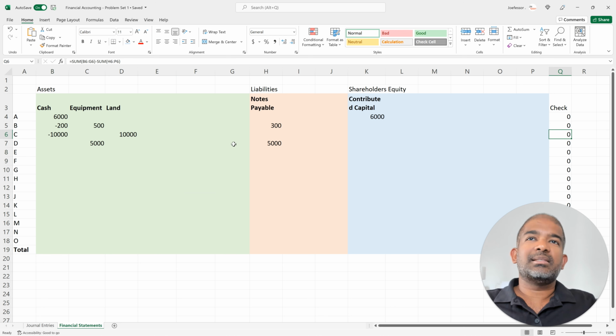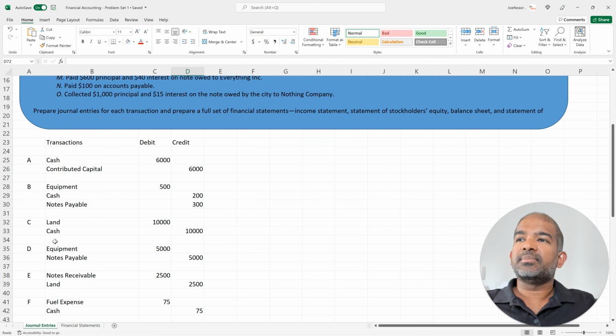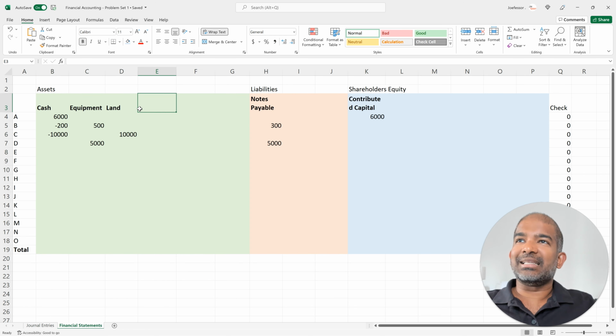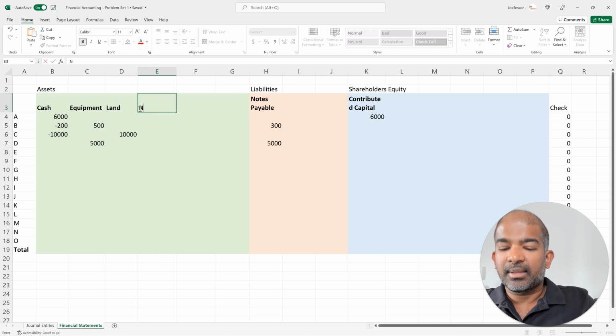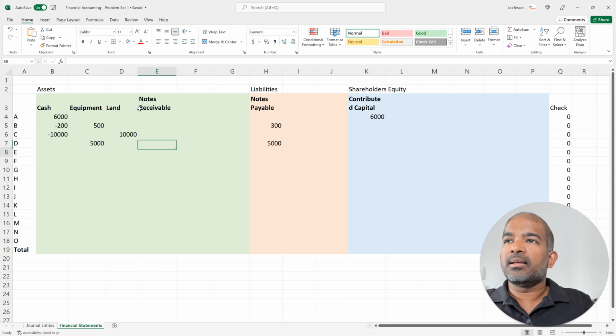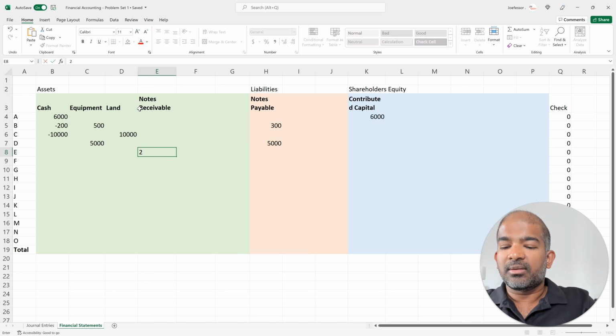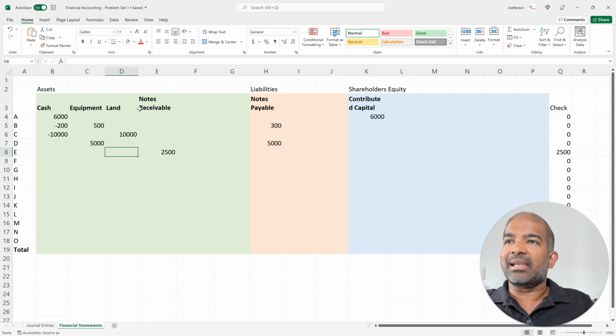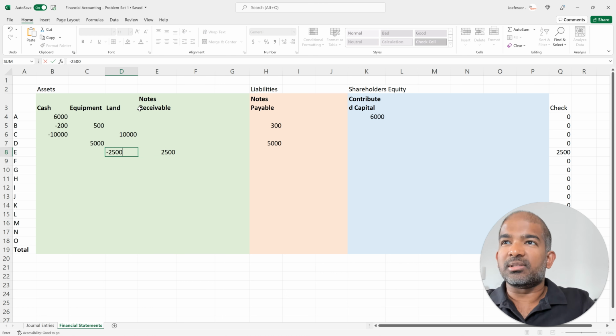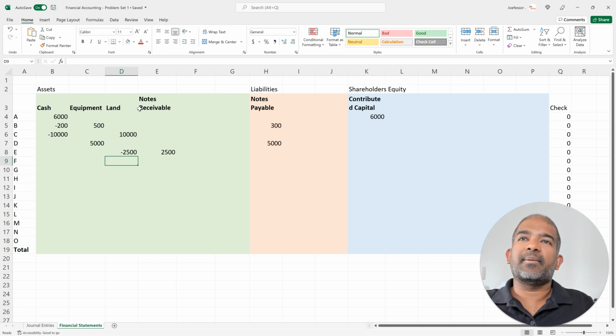You can see that it still stays at 0 until transaction D. Now for transaction E, notes receivable increases by 2,500 and land goes down by 2,500. Notes receivable is an asset. So that is 2,500 and land goes down by 2,500, hence the negative sign.